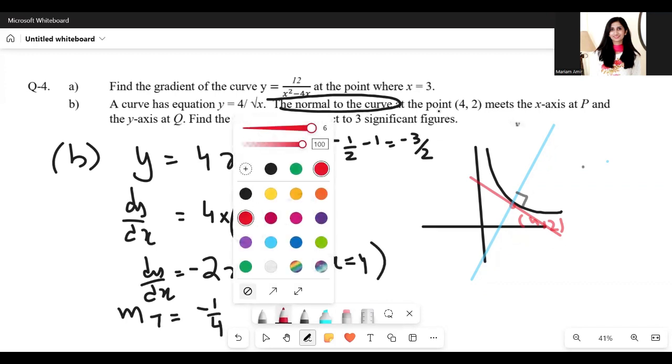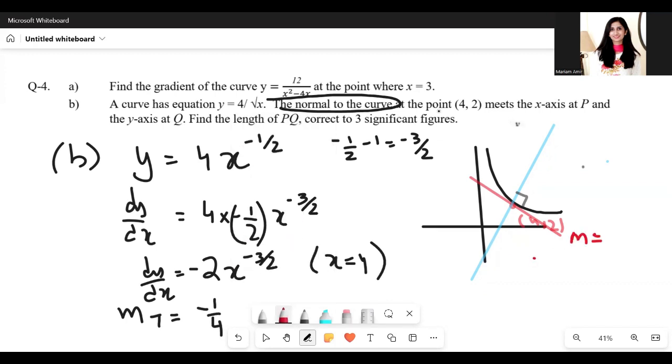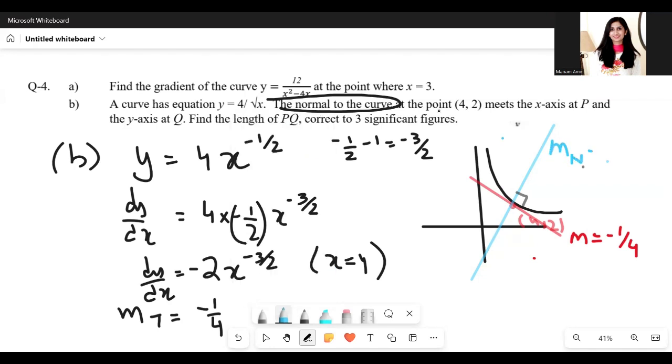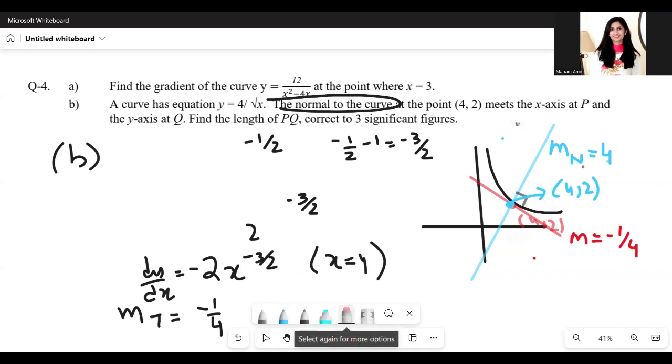So the gradient of the tangent got calculated through dy by dx. It came out to be minus 1 over 4, which means that the gradient of the normal would be the negative reciprocal of this, which would be 4. And this point is the same for both of them. It's 4 comma 2. It's going to be used to find c of the normal, the y-intercept. Okay, so now we find the equation of the normal.